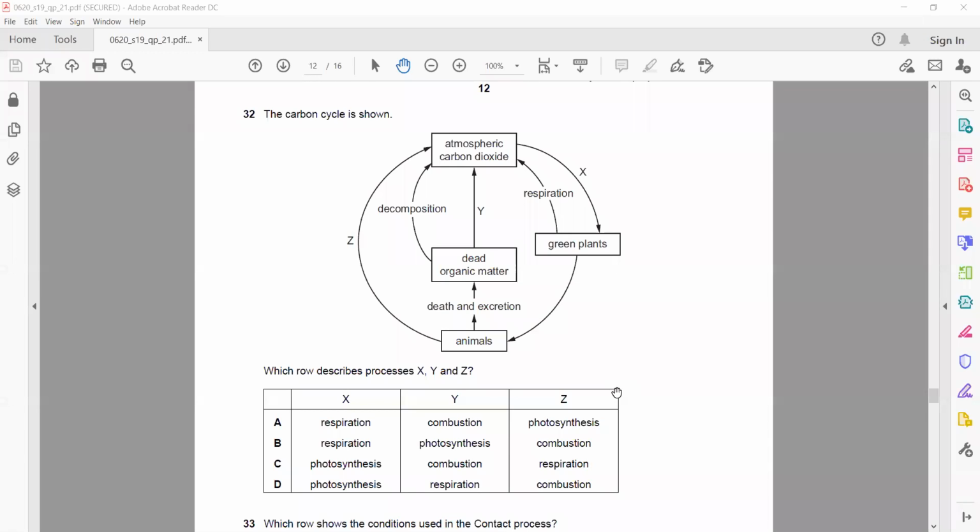When plants are absorbing carbon dioxide, we call that photosynthesis. Dead organic matter, when we burn it, like combustion, produces carbon dioxide, and respiration directly converts. So C is the correct answer.